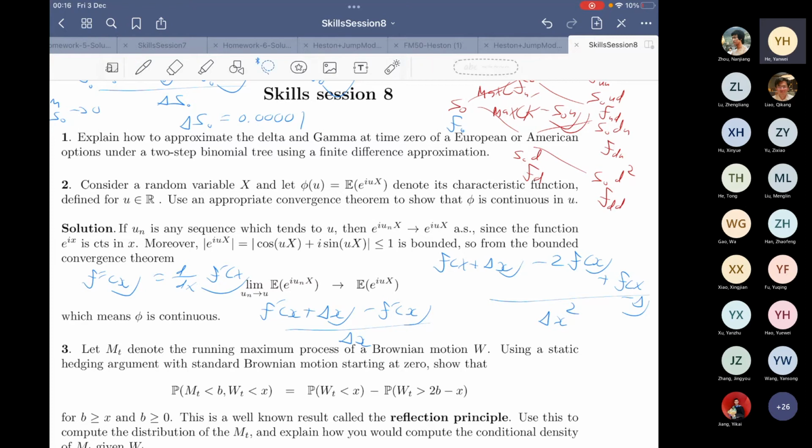Delta x is a single quantity, not delta times x. It's just a single quantity which we envisage as being small. So this is how you approximate the second derivative of a function. So f double dash x is approximately given by this.